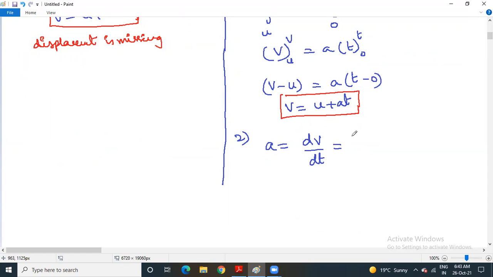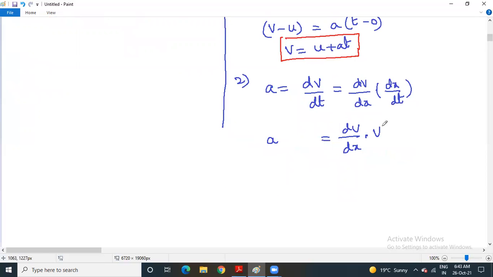Now let me write here dv by dx into dx by dt, so multiplying and dividing with dx. So you might be knowing that dx by dt, change in the position by time interval, is velocity v. And dv by dx you write as it is. This is going to be v is equal to a. Now cross multiply it. A into dx is equal to v into dv.